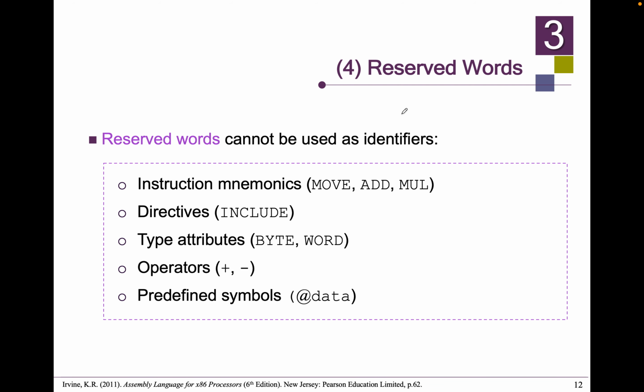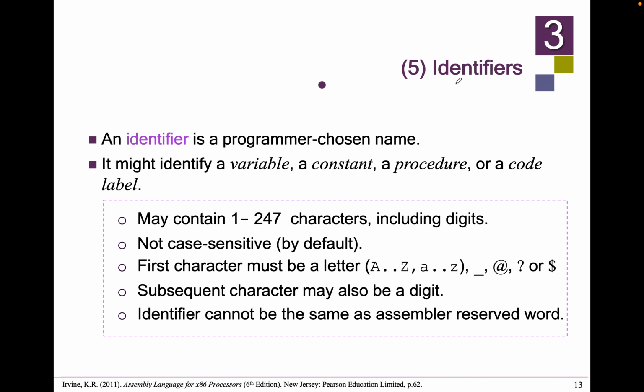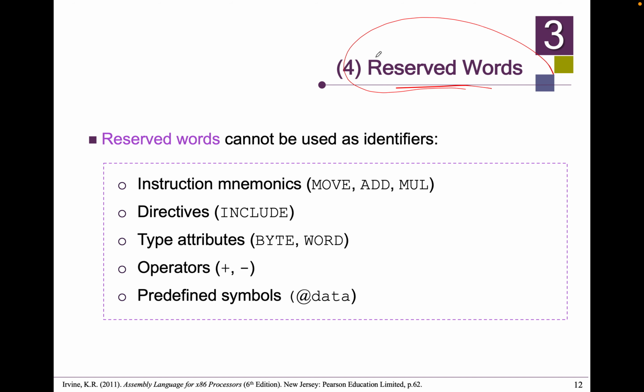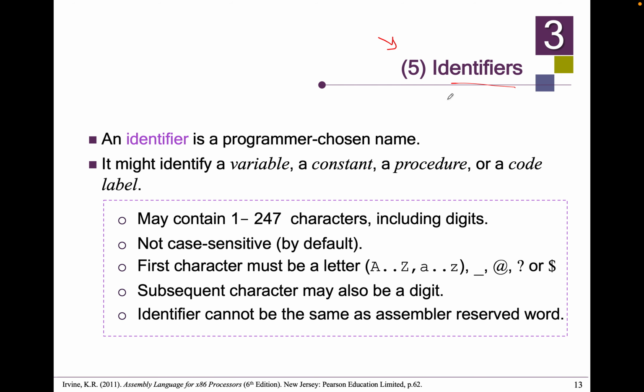When you have those three things, we move to our fourth, which is the reserved word. If you still remember, this reserved word we cannot use as an identifier. Last time I went for 5 first, then went back to 4 because I wanted you to know that this reserved word cannot be used in your identifier.